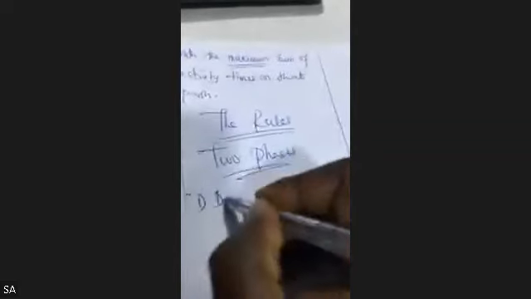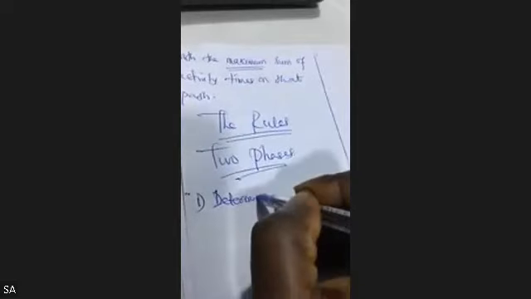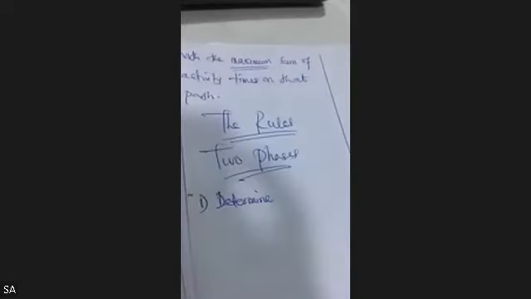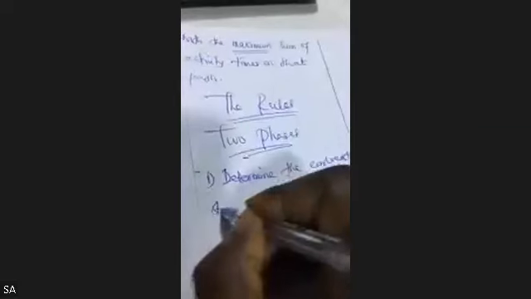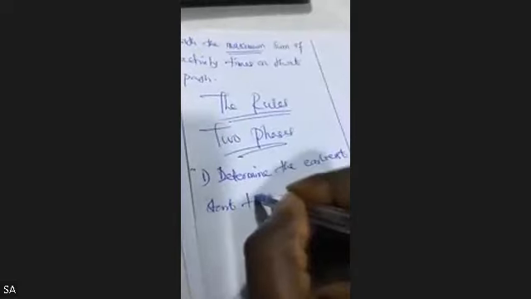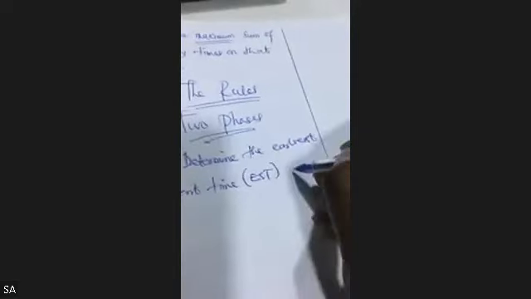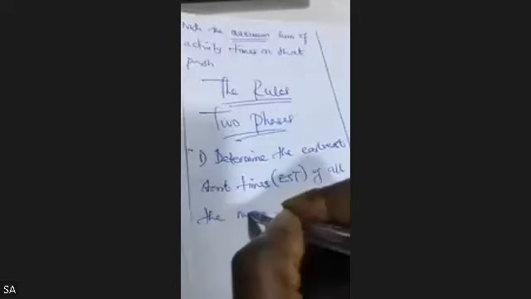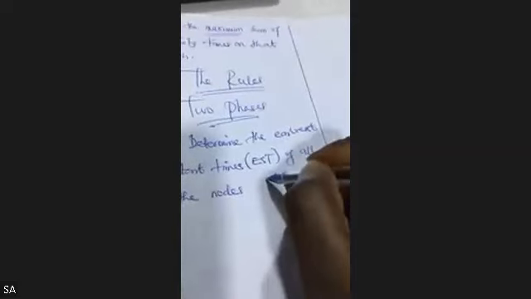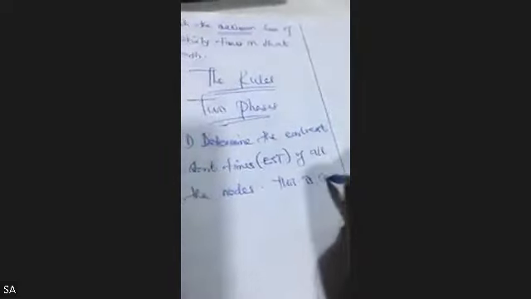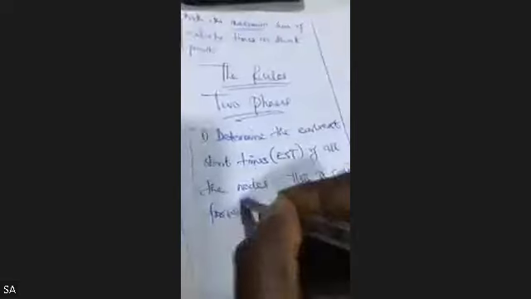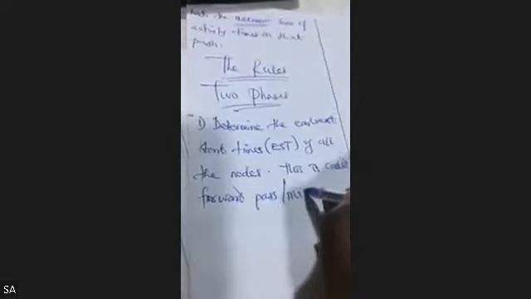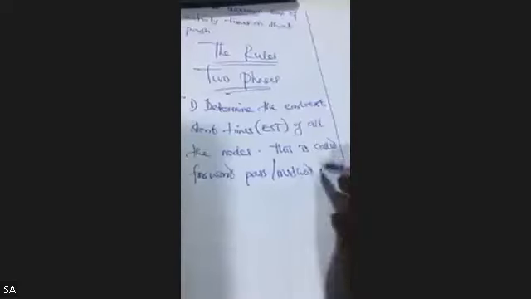Number one, determine the earliest start times of all the nodes. We call this the forward pass, the method that Catherine was referring to.